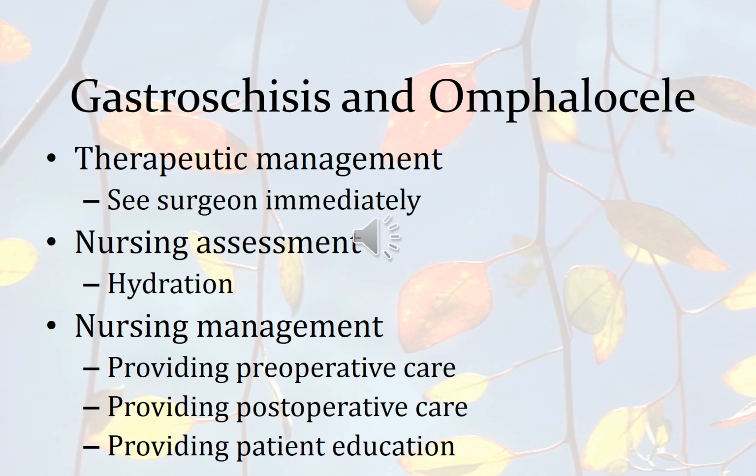Our nursing assessment: hydration is of key importance because we don't want to feed these kids at all, so we want to get a line in them as soon as they're born and maintain hydration status and check for any other congenital malformations or problems. Preoperatively, we want to make sure again the kid is getting adequate fluid.